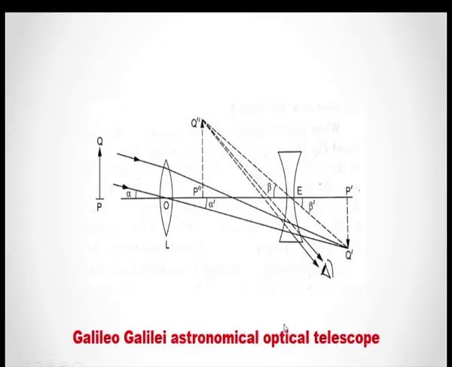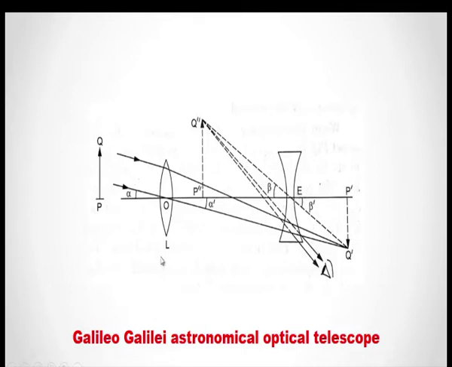So, Galileo's telescope system employs convex lens as an objective, concave lens as an eyepiece. This is the ray diagram of Galileo astronomical telescope system. In this ray diagram, you can see a convex lens nearer to the object, which is the objective, and a concave lens nearer to the eye, an eyepiece.